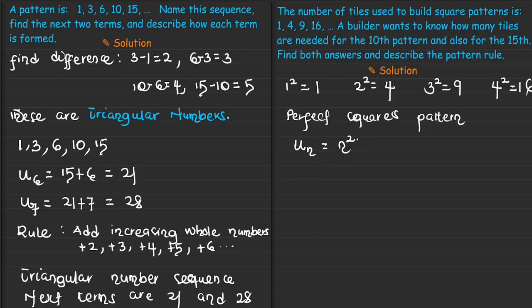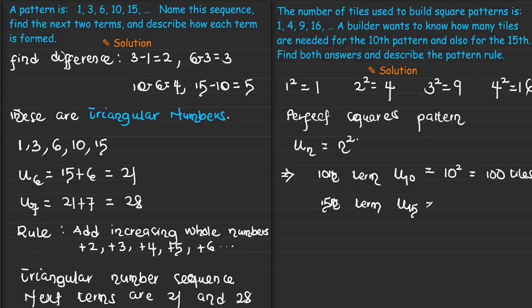The terms. It implies that to find our 10th term, that is U10, then it is going to be a 10 squared. And 10 squared gives us what? 100. So for the 10th term, you need 100 tiles for that. For the 15th term, that is U15, then we also need a 15 squared.